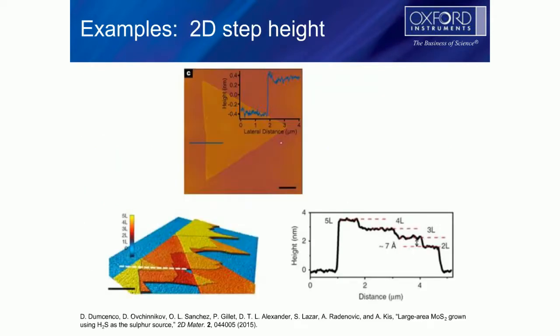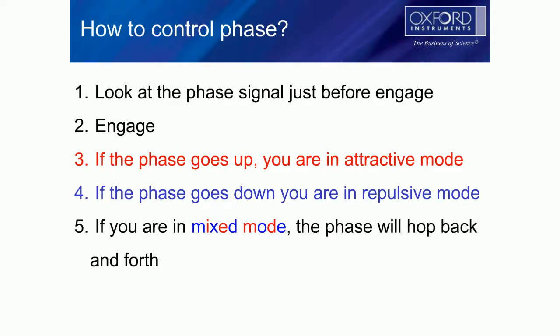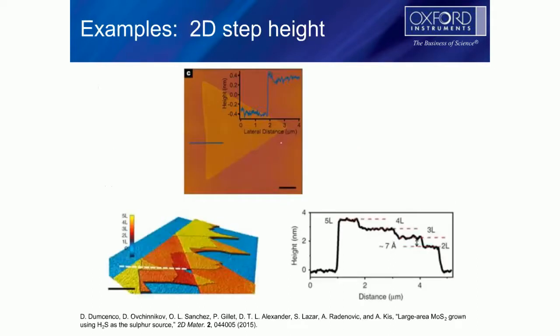In order to get it into repulsive, you just hit the surface harder. So you start off with a bigger amplitude, and then you lower the set point down to 50%. If you can't get it in repulsive, raise the free amplitude again, and lower your set point down to 50%. 50% of your free air amplitude is roughly the maximum force that you'll get for any given free air amplitude.